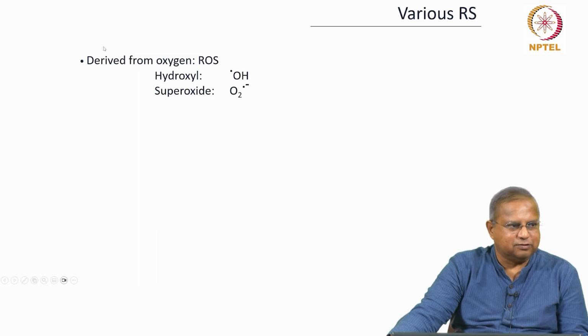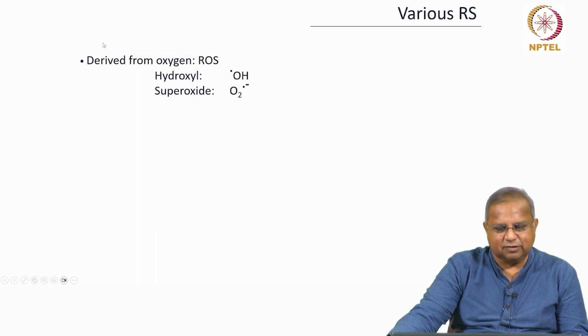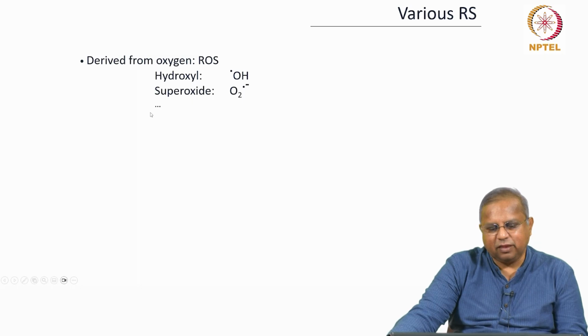You might want to write these down, because you will encounter them many times. So, hydroxyl certainly derived from oxygen, superoxide certainly derived from oxygen, and many other things are typically called reactive oxygen species.